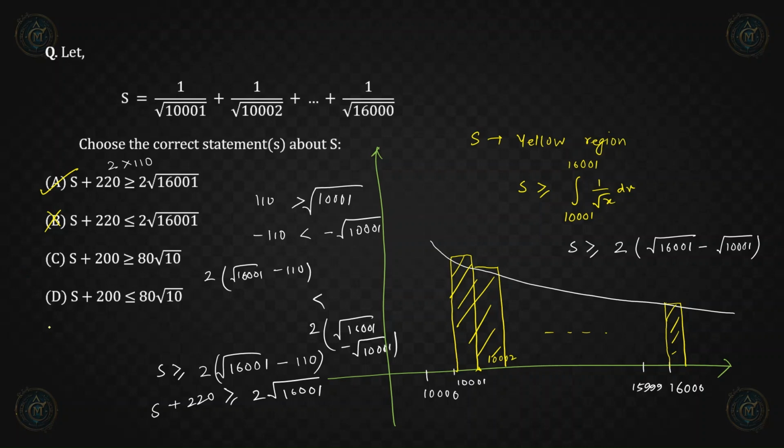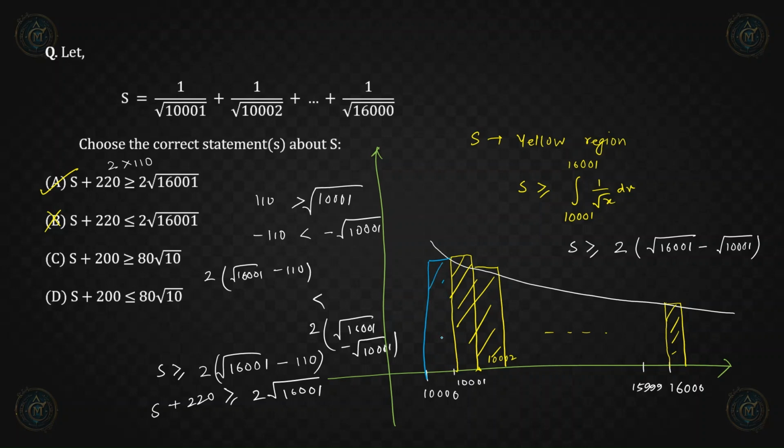Now for this thing, we can check by constructing the other rectangles. So let us construct these other rectangles on the opposite side. So from this point we travel towards the left side and construct this rectangle.